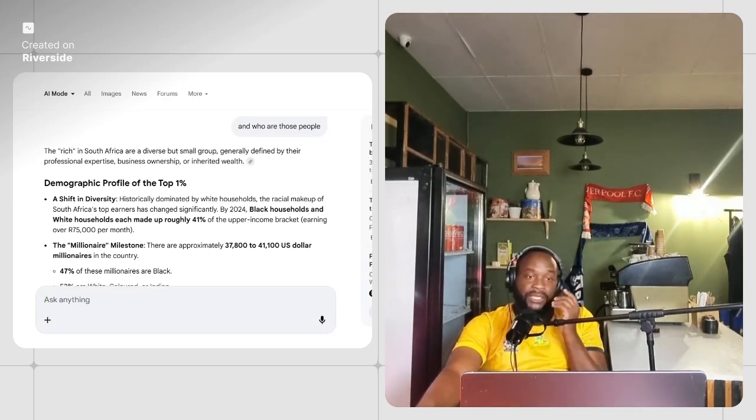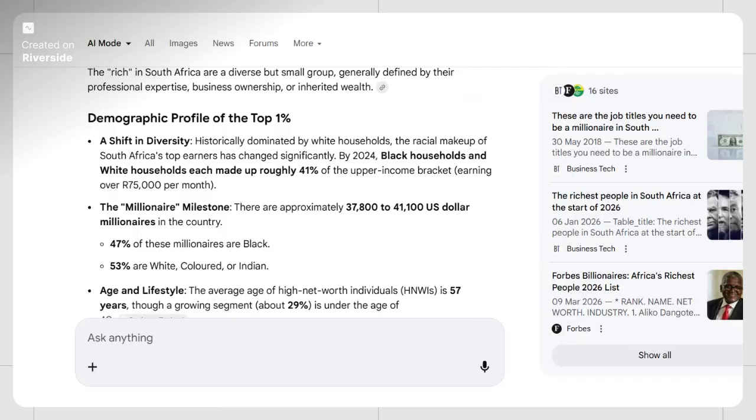Demographic profile of the top 1%: a shift in diversity, historically dominated by white households. The racial makeup of South Africa's top earners has changed significantly by 2024. Black households and white households each made up roughly 41% of the upper income bracket, earning over 75,000 rand per month.